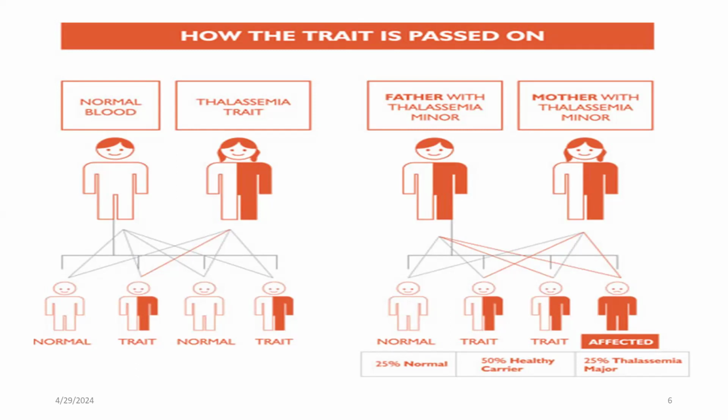Healthy carrier means they will have no symptoms and a normal lifespan. The other 25% would be normal and 25% would be thalassemia major, affected and showing all the signs and symptoms that thalassemia would have. So they will be a sick child.